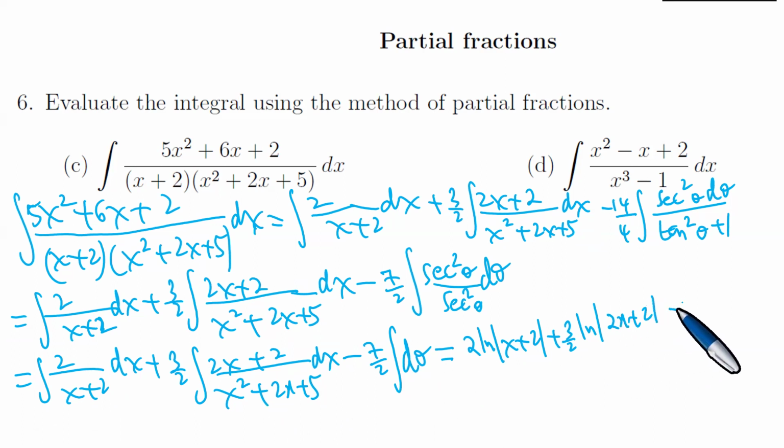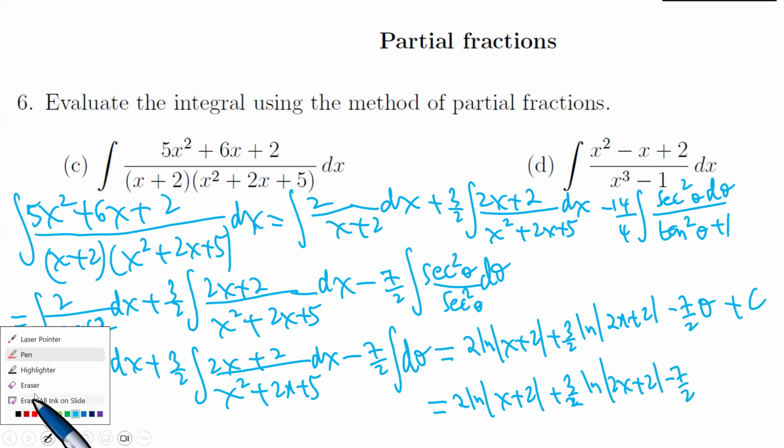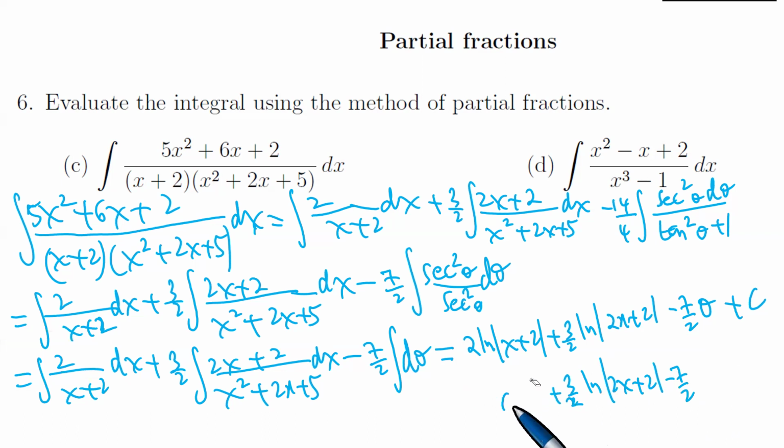And then minus 7 out of 2 theta plus c. Okay, what is the answer to this? It is 2 the ln of x plus 2 plus 3 out of 2 the ln of x squared plus 2x plus 5 minus 7 out of 2 theta. And you can write the final answer up here.